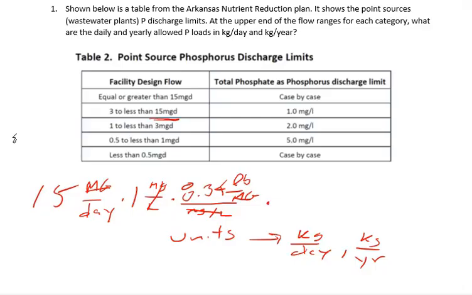That's pounds per day, and I want kilograms, so it's pounds on top, so I want 1 kilogram is 2.2 pounds, and that will give me kilograms per day. And if I want years, I still have day there, I have 365 days per year.